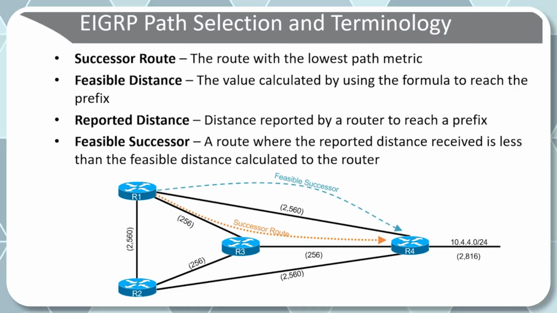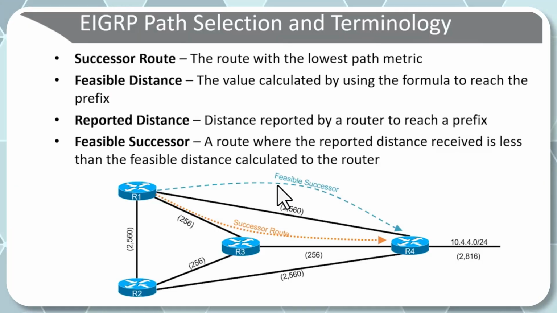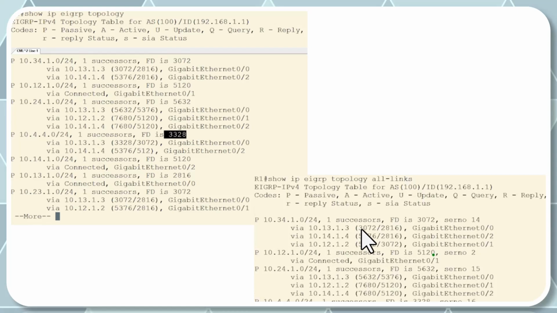First path and second path. So this is how the things are calculated. This is the feasible distance, we have two paths, this is the first path which is recommended, this is the second path. And also if I run the command show ip eigrp topology all-links, you will be able to see feasible distance and reported distance, feasible distance, reported distance, feasible distance, reported distance.